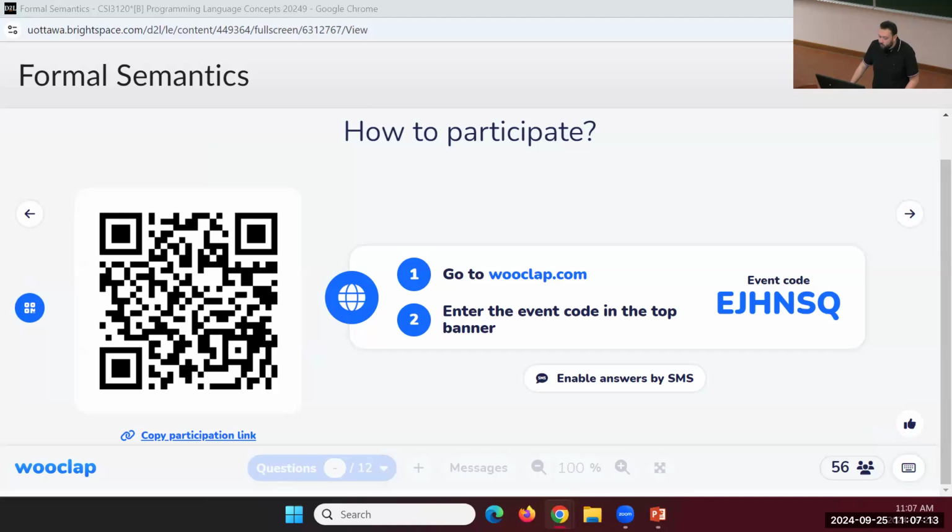Now the other one. What is the weakest precondition of x equal 2 times y minus 3? Again, guys, I need to find something that will end up with x greater than 25.